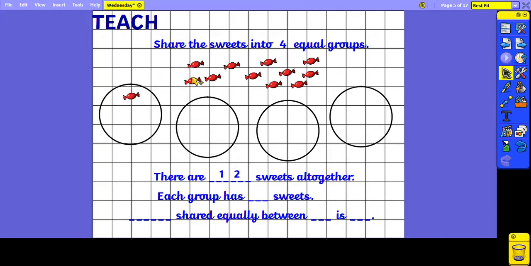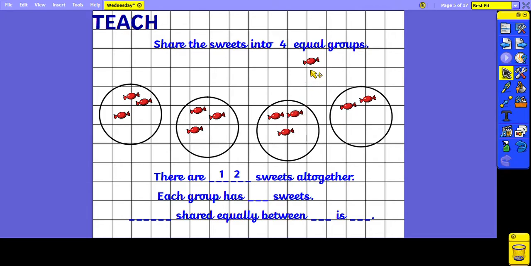So again, I need to make sure that I am doing it equally. Okay, and I can see that each group has got the same number of sweets in, so it's fair. So each group has 1, 2, 3 sweets.